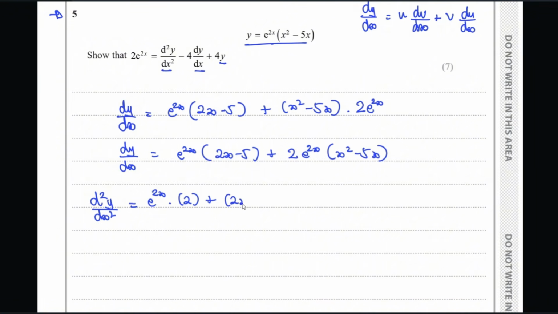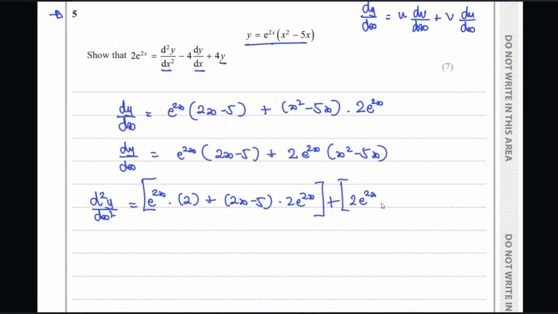So v is 2x minus 5 times du by dx, which is 2 e to the power 2x. That's the first part of dy by dx that is differentiated already. Then plus, for the second part, we have to use the product rule again. So u would be 2 e to the power 2x. Let me put these in brackets. That's the first part, that's the second part.